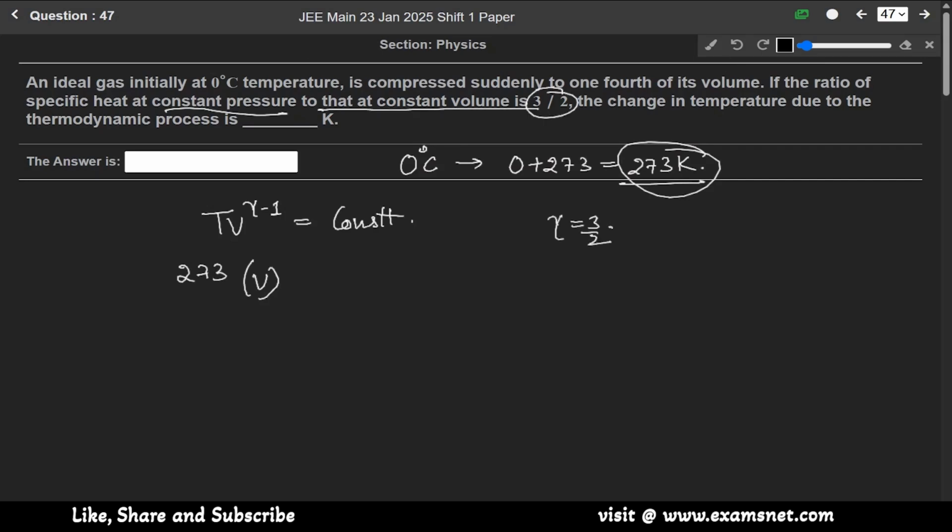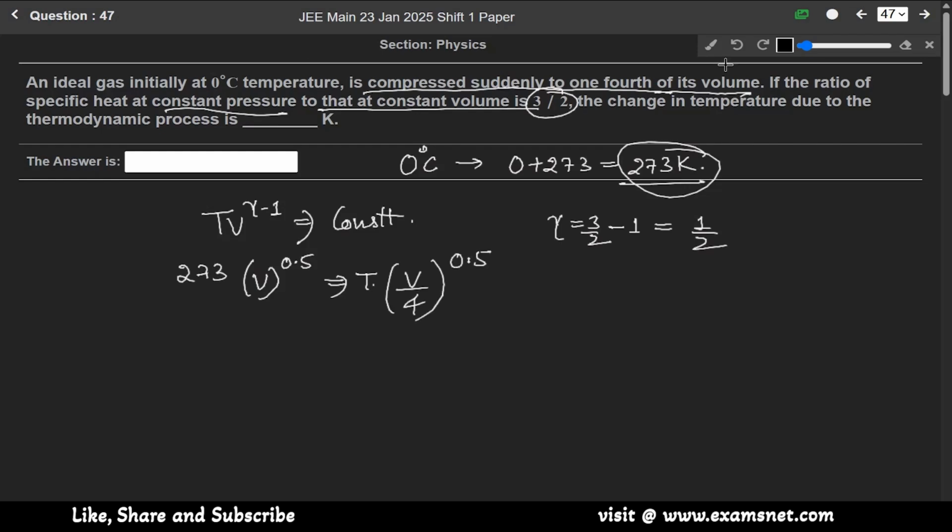So gamma minus 1 means 3 by 2 minus 1. So it will be 1 by 2 means 0.5 equals constant. And according to question, it is compressed suddenly to one fourth of its volume. One fourth of its volume means T into V by 4, and again gamma minus 1 will be 0.5.